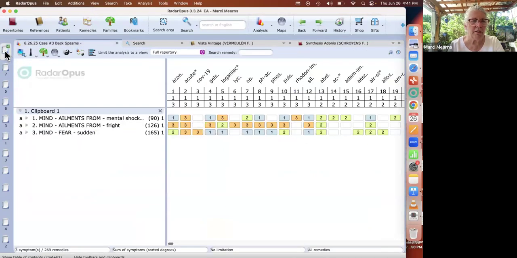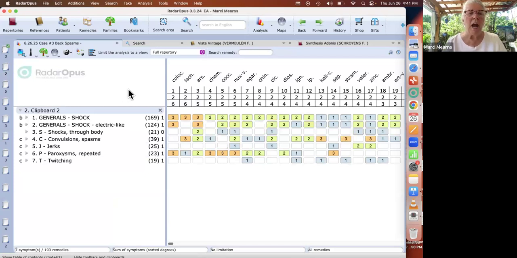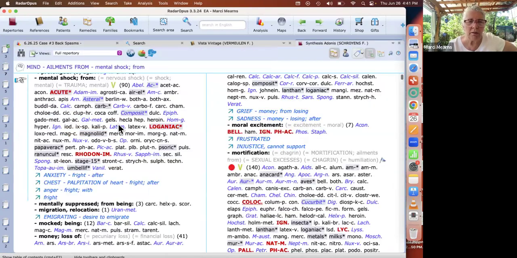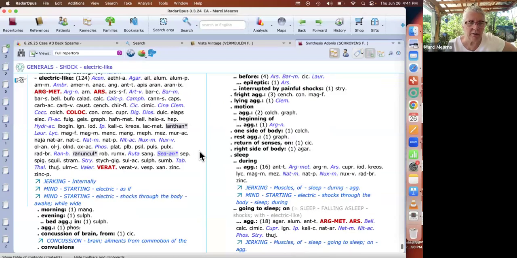So there's our etiology. And now what have I got on this next clipboard? Time will tell, won't it? Oh yeah, that whole electric shock thing. It's so outstanding, is it not? Okay, generals, electric shock, electric-like shock. Here it is.